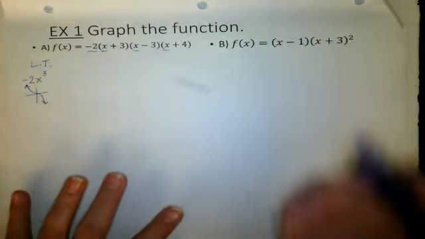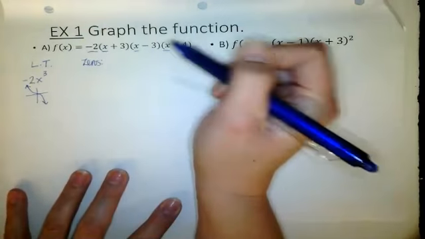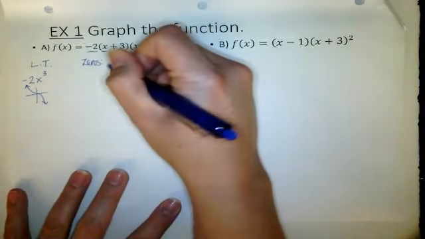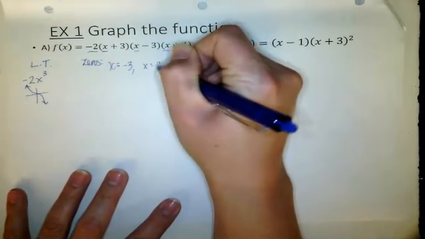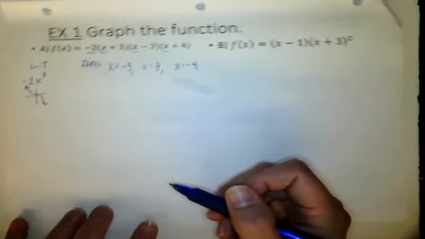Well, that was easy. So then we need to find the zeros. Since it's already factored, finding the zeros is really easy, right? Yes. Okay, we get x equals negative 3, x equals positive 3, and x equals negative 4. Excellent.